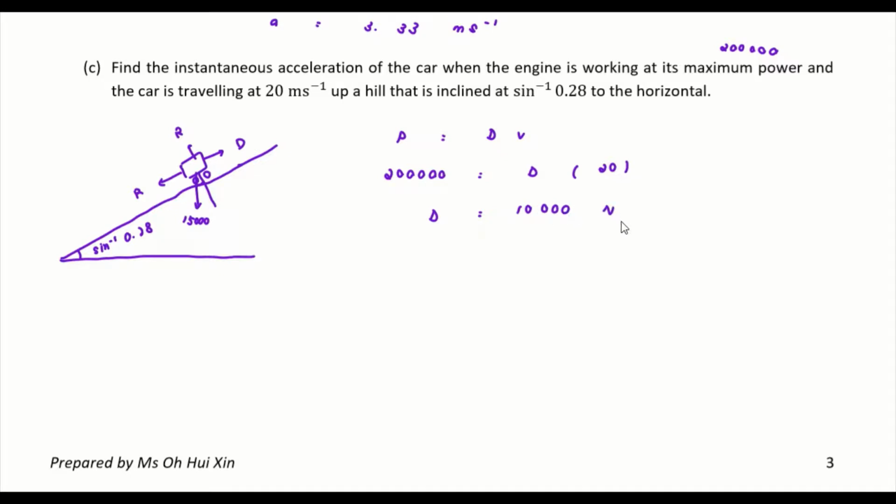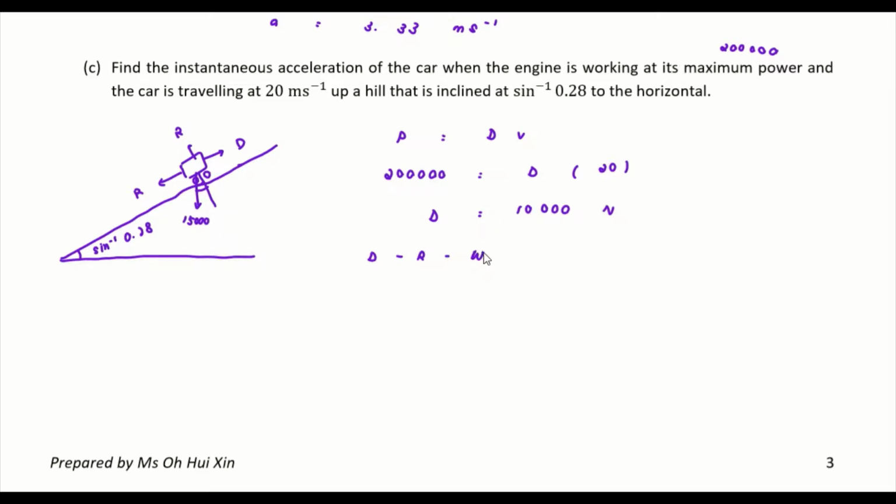After we get this, we can find the net force. This D is in the direction of motion, so D is going to minus off the resistance, and minus off the resolved part of the weight as well, because it's opposing the motion also.